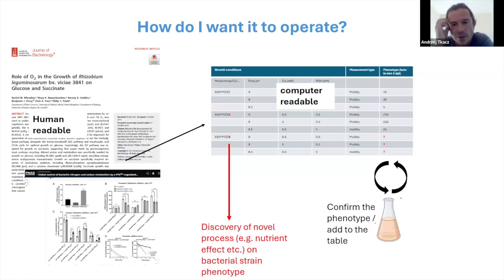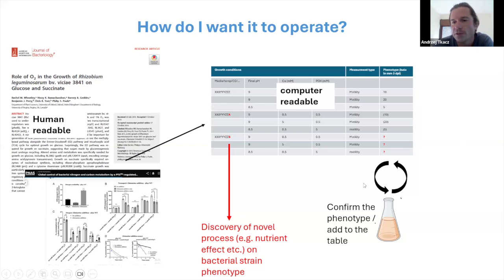So how do I want it to operate? Basically, an expert will have to harvest information from manuscripts, which is time consuming, into computer-readable form, which is probably some kind of table of data.